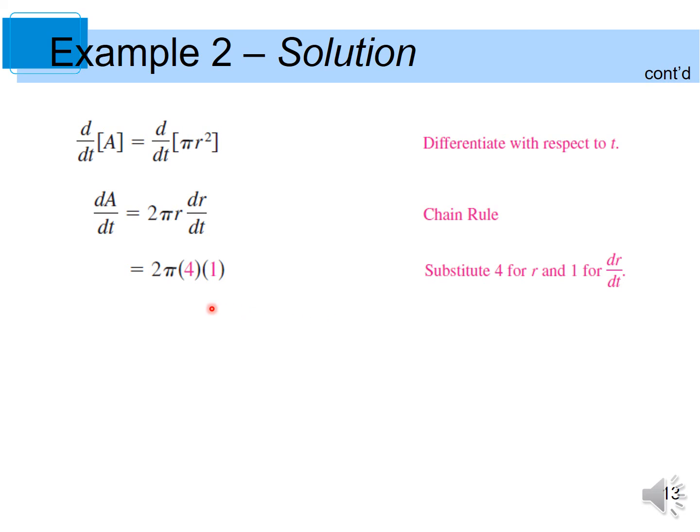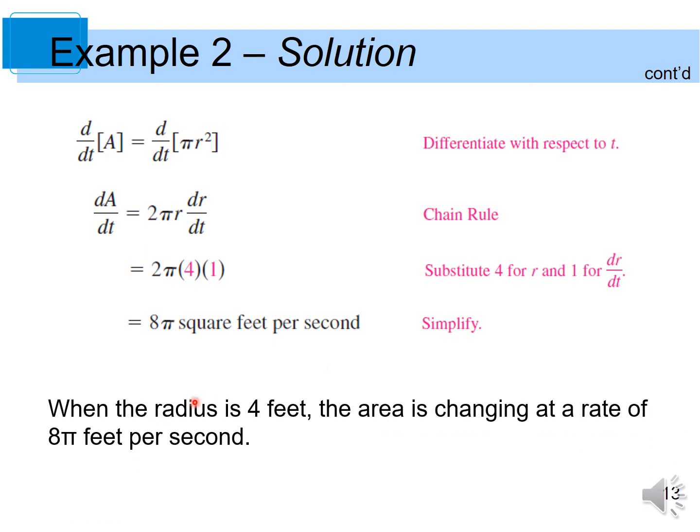When r = 4 and dr/dt = 1, dA/dt = 8π square feet per second. And we can conclude our answer. When the radius is 4 feet, the area is changing at a rate of 8π square feet per second.